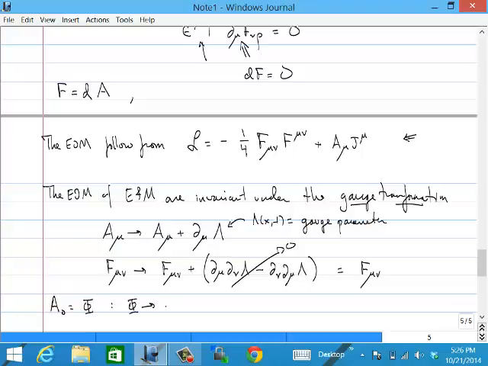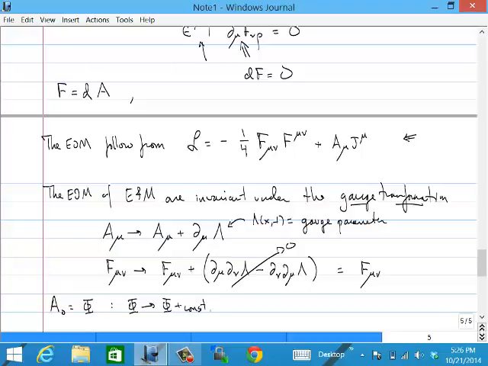Okay. And of course, you know that if you take a potential energy and shift it by an overall constant, that's unobservable. That's not going to change any of your physics. And so the gauge transformations are really a generalization of this.